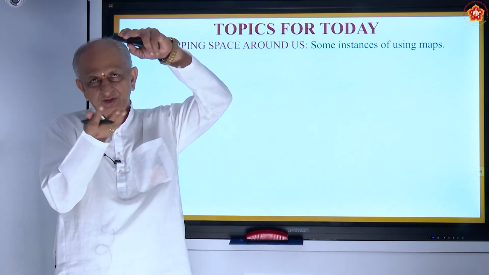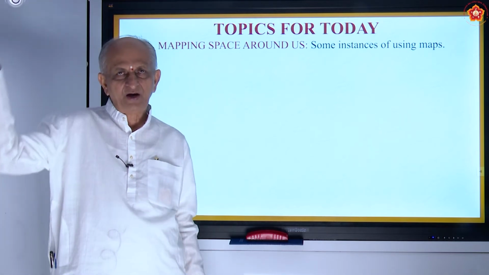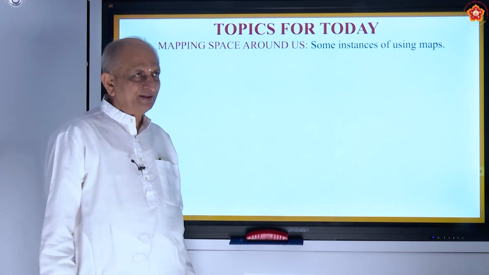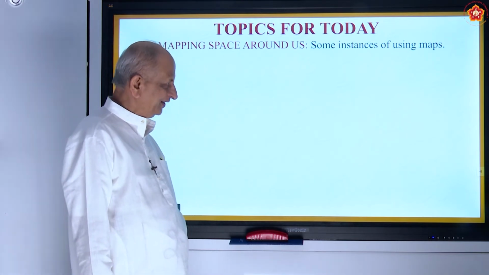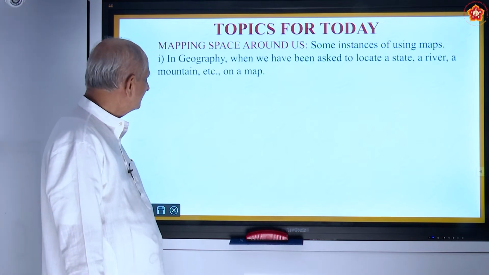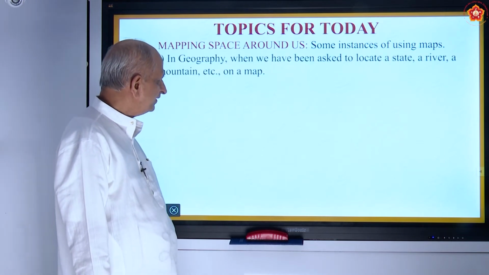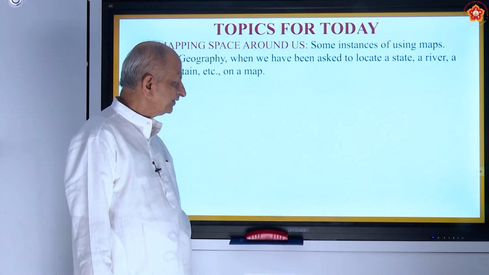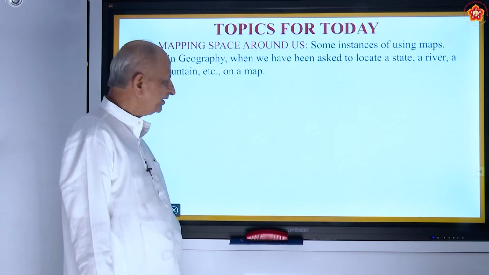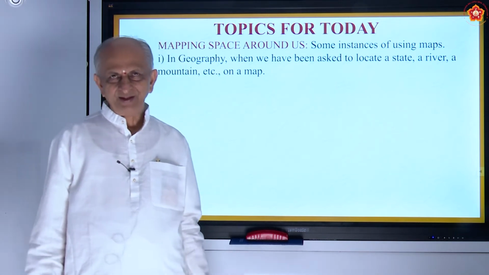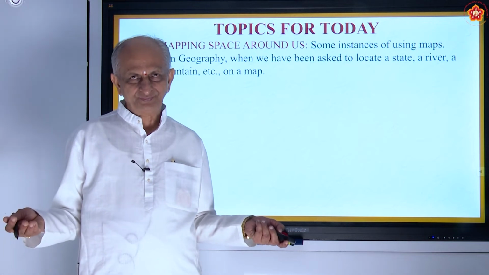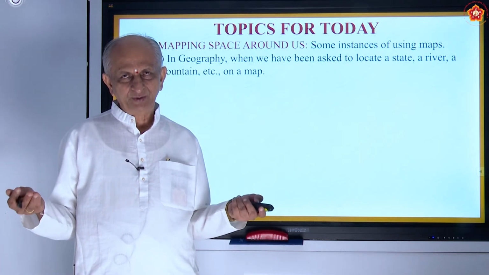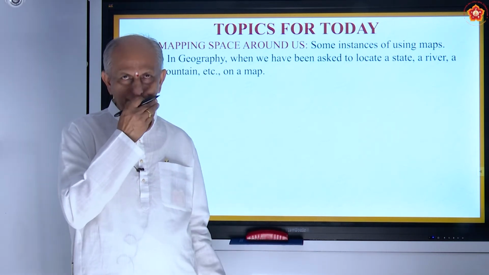They show the small picture of a big nation or state, etc. So in geography, for example, we are asked to locate a state, a river, a mountain, etc. on a map. So a map will be shown. In that map, you will be asked to locate that.